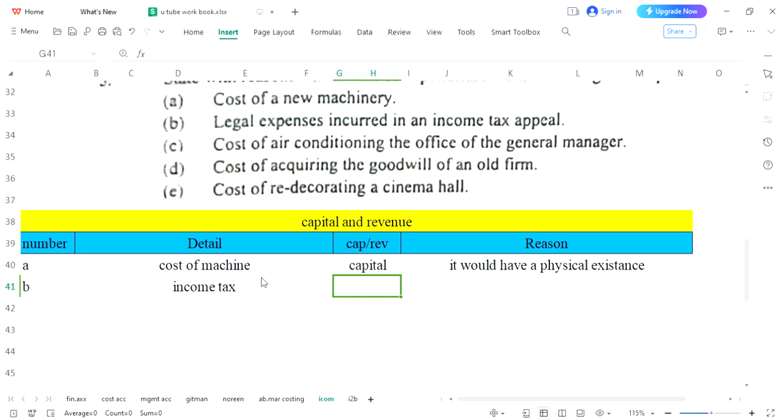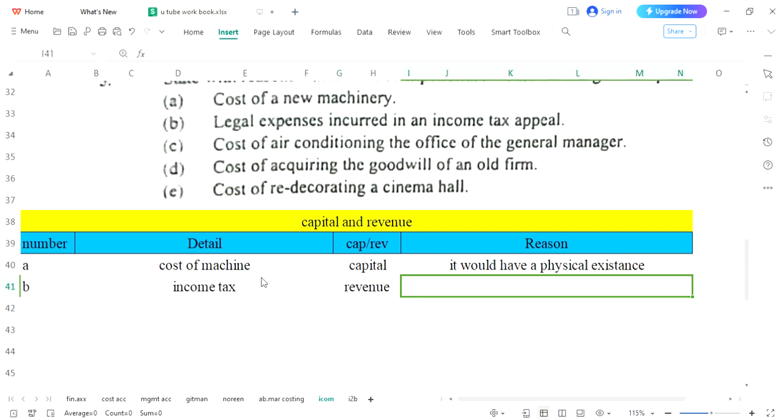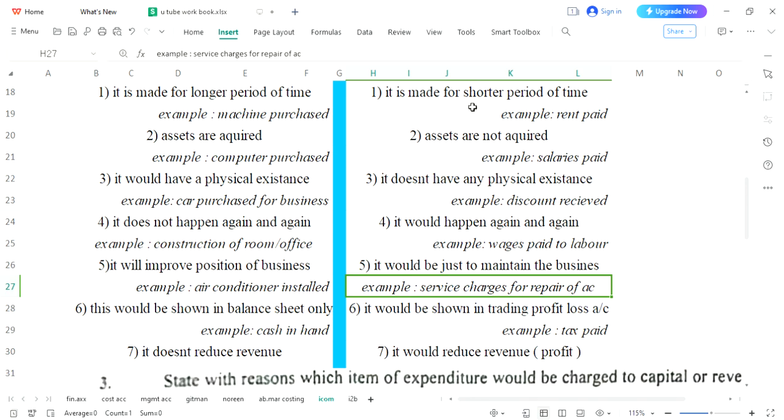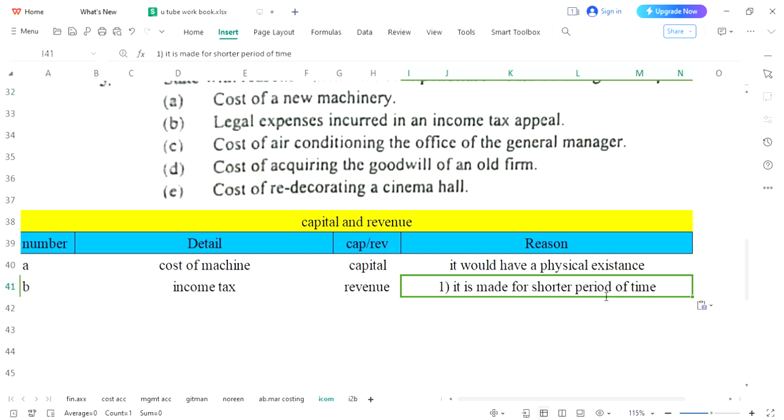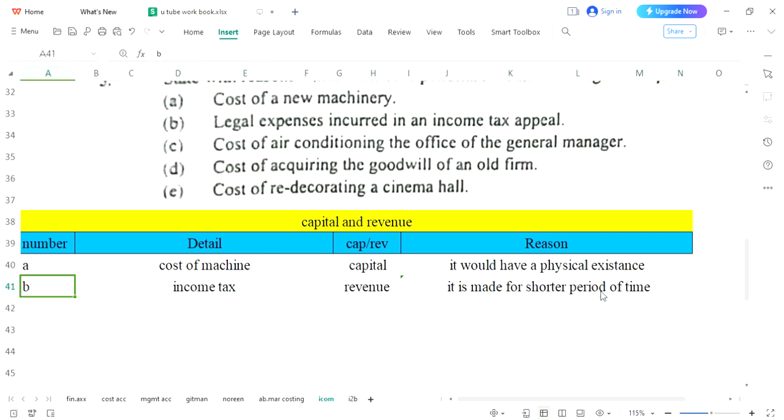So that is why, it being for a shorter period of time, you will call it revenue. And the reason, as you can see, is that it is made for a shorter period of time. So the same reason we will pick and write over here. In this way, two numbers are completed, where we have decided that income tax would always be considered as revenue.